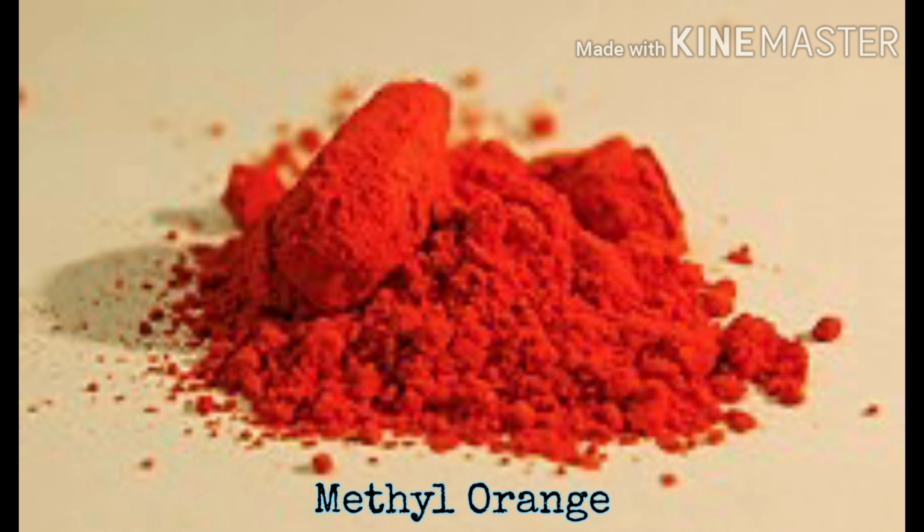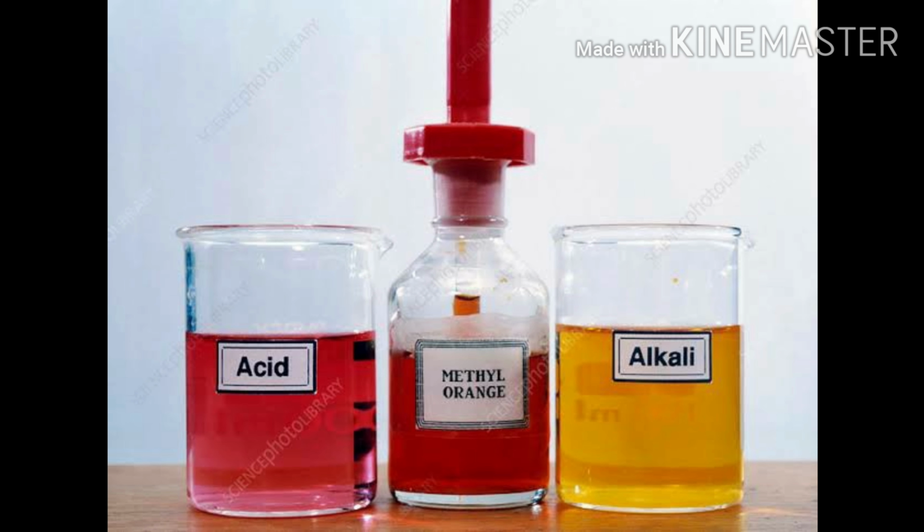Methyl orange is an orange colored synthetic dye and maintains this color in the neutral medium. In the acidic medium, the color of indicator becomes red, and in the basic medium, it changes to yellow.